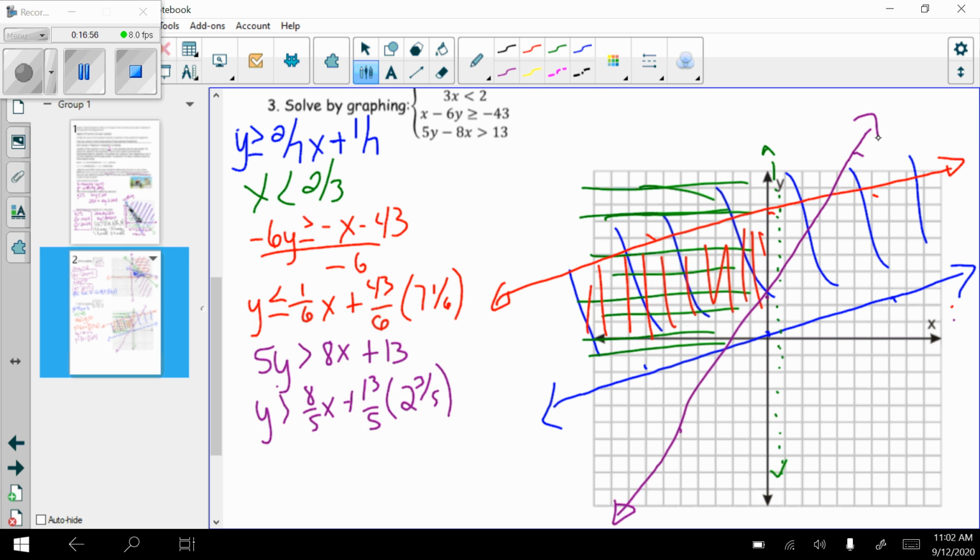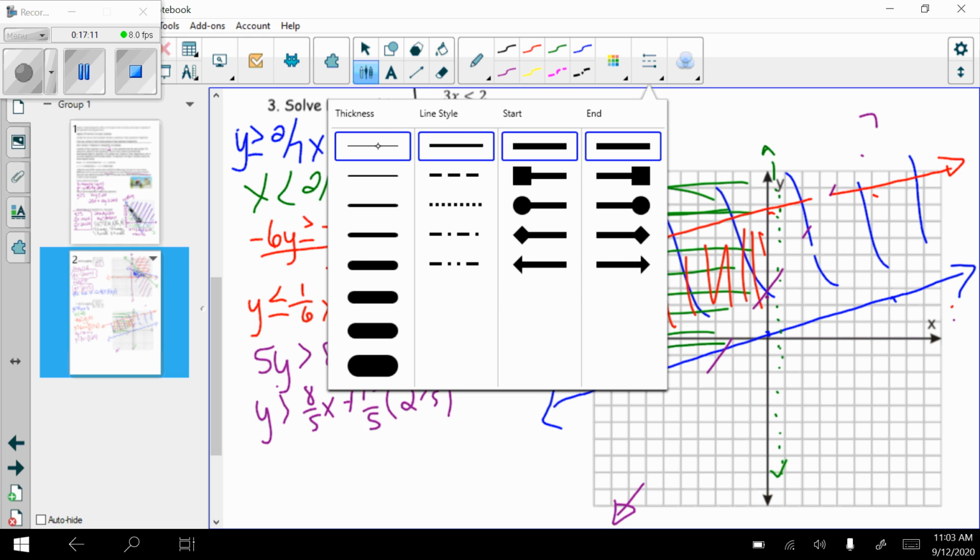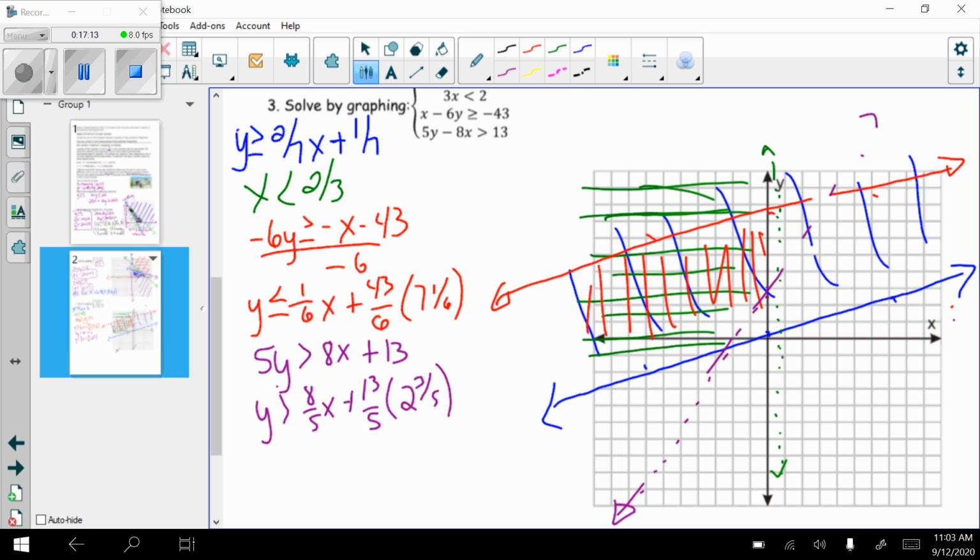And it was supposed to be dotted, so I'm going to go ahead and just take some of that out, and then we'll go back and make it look dotted. There we go. All right, and it was y is greater than, so above.